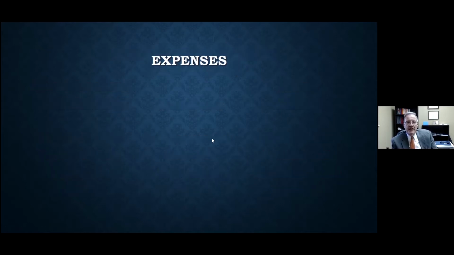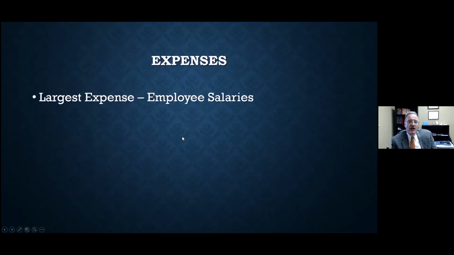Now we'll quickly turn to the expense side of the budget. And over here, without a question, the largest category of expense for all community colleges is employee salaries. We are very heavily focused on employee wages when it comes to our budget allocations for expenses. And historically, community colleges are not known for having great salaries for our employees, but we definitely make up for that with the benefits that we provide.